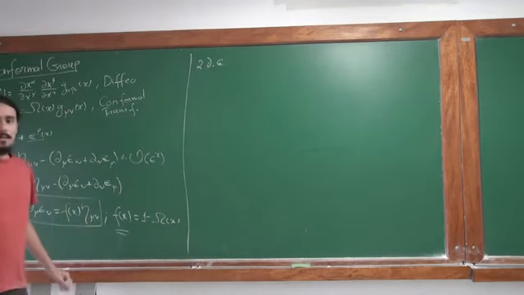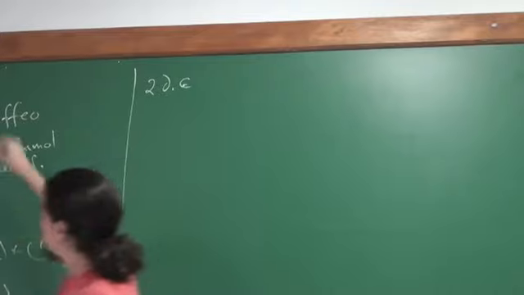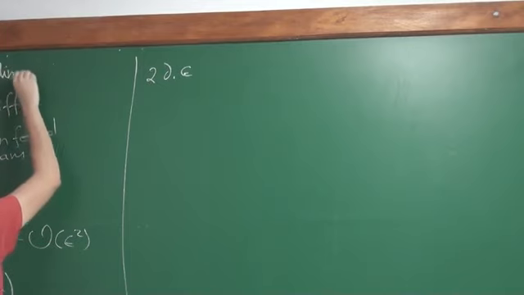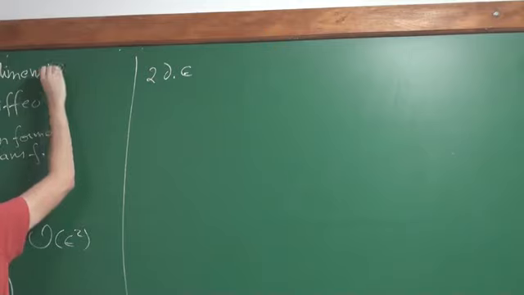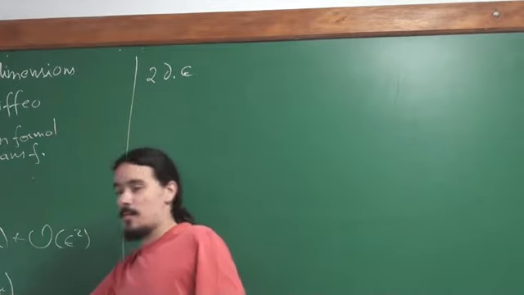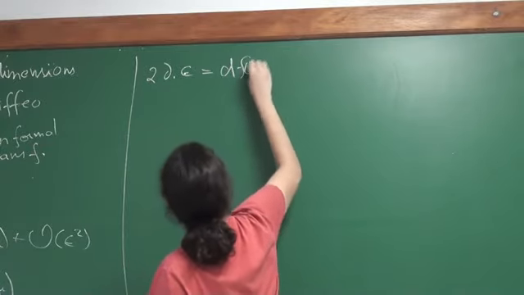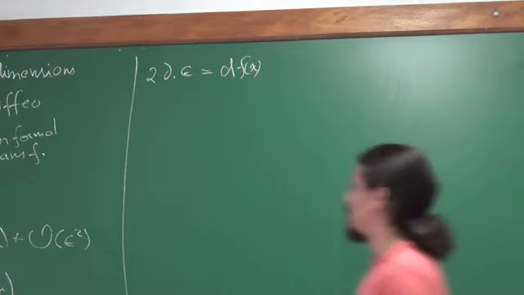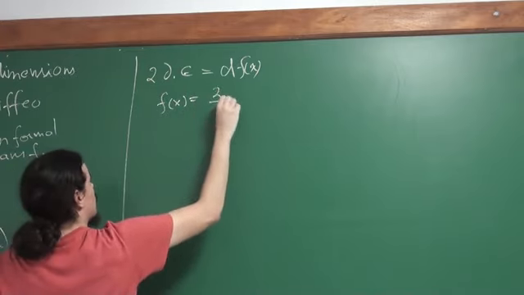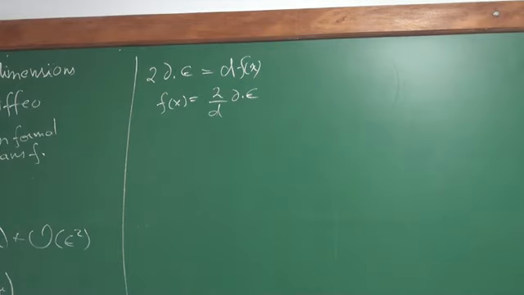If we look at the dimensions, then the metric contracted with itself just gives you d, the number of dimensions. Alright? So we have f of x is 2 over d times the divergence of epsilon. Okay, any questions?